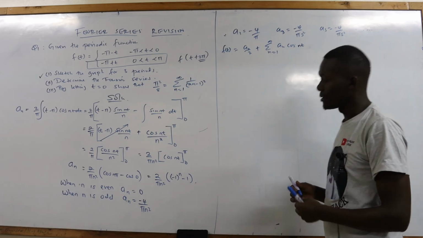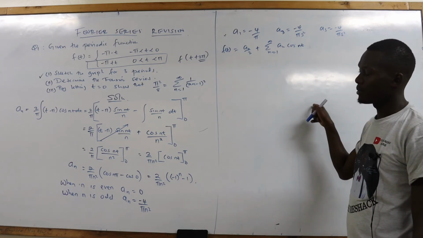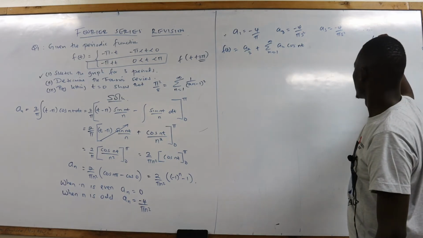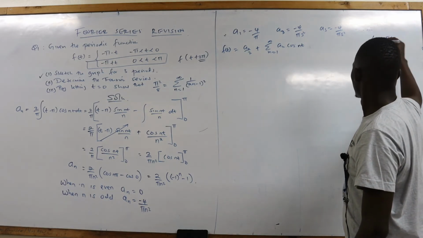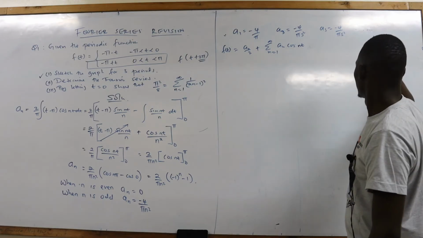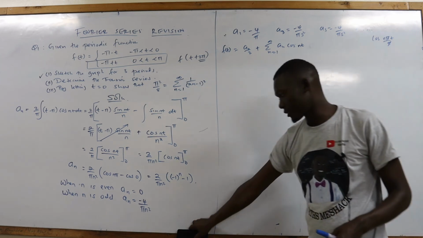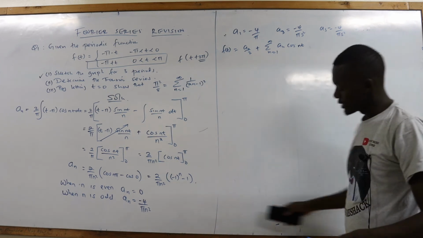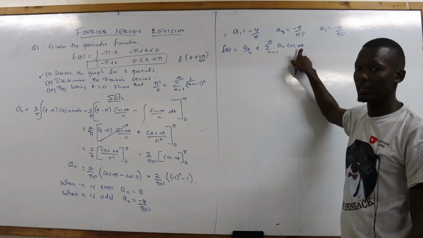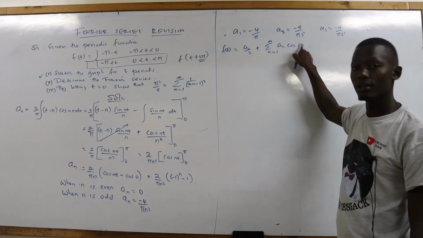If you can't remember, we had these, so this one and this one cancelled. You can follow keenly, it just remains with nt. Remember, the value of n here is the same as the value of n here. So when we have 1 here, we have 1 here. When we have 2, this one is 2. When we have 3, this one is 3.